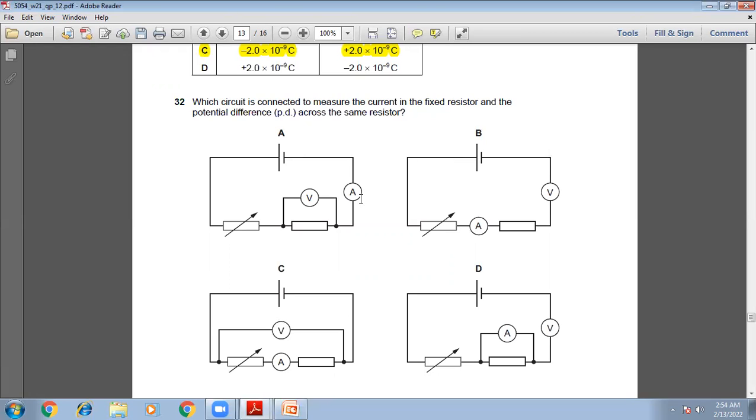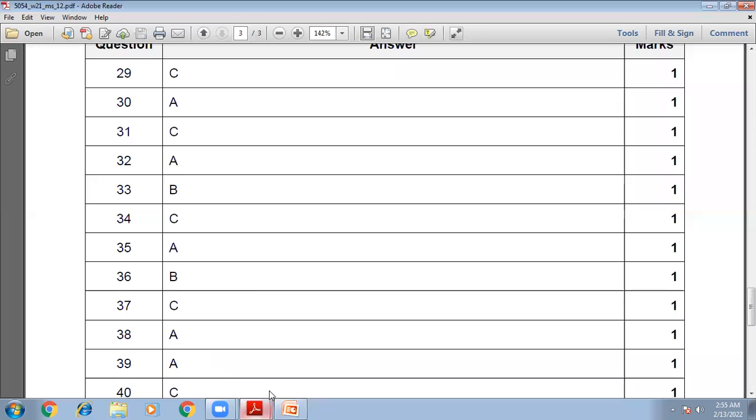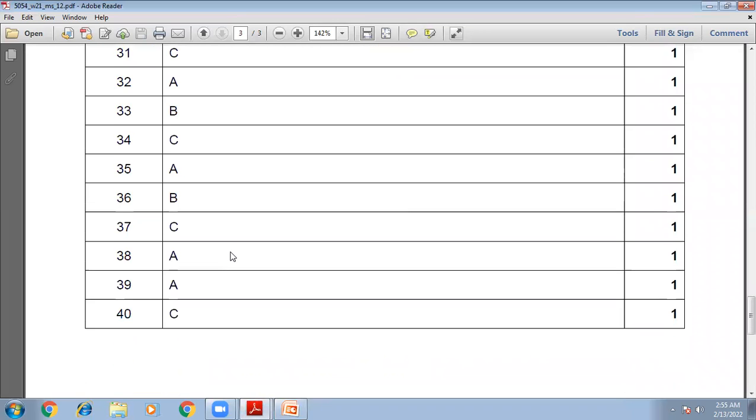In the circuit, normally we also put a variable resistor to reduce the amount of current so that it cannot damage our instruments. So I think A is the best option. Question number 32. A is the right option, sir.